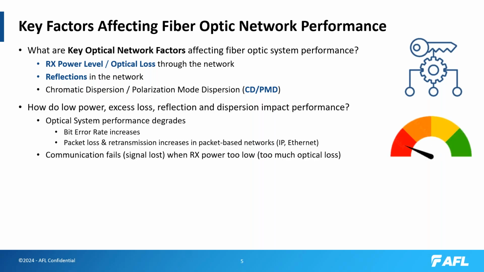So how do low power, excess loss, excess reflection, and dispersion impact performance? Well, any of these can degrade optical system performance. When I say degrade, it means that bit error rate increases, or if you're operating a packet-based network, an IP or Ethernet-based network, packet loss and retransmission increases, reducing your overall throughput.